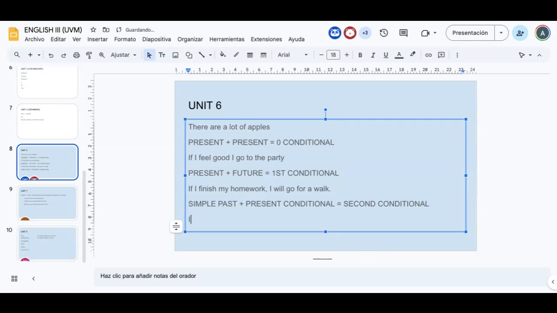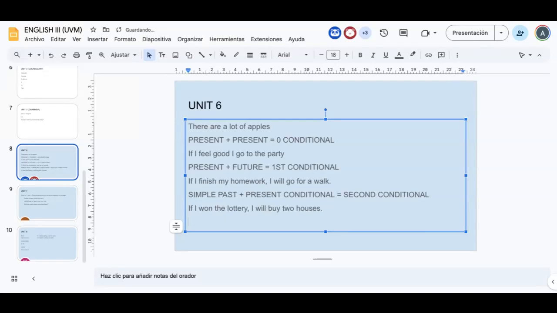Which is if I won the lottery, I would buy two houses, for example. This is the second conditional. And the third conditional is past perfect plus perfect conditional.